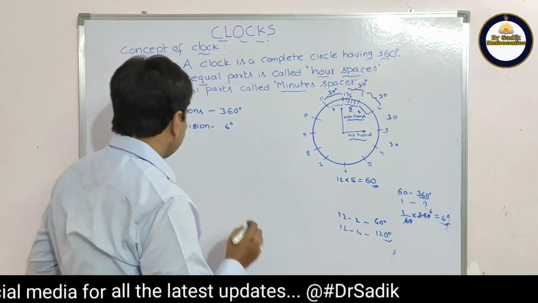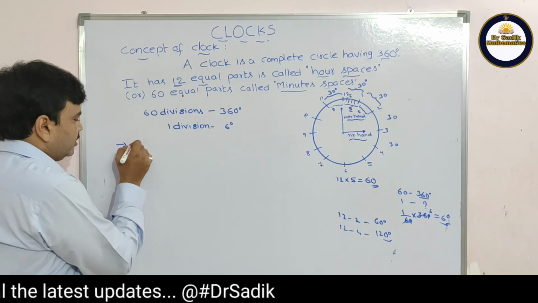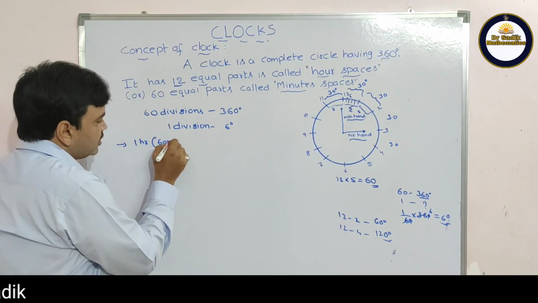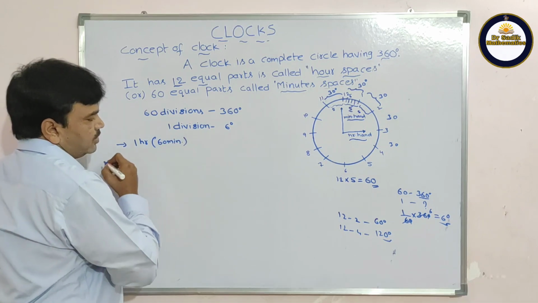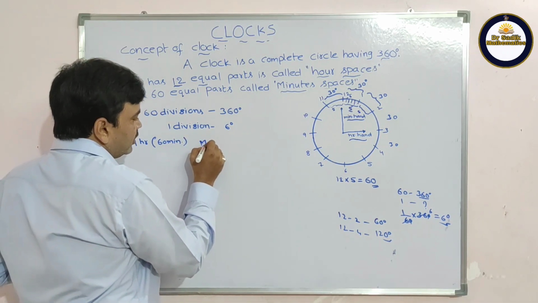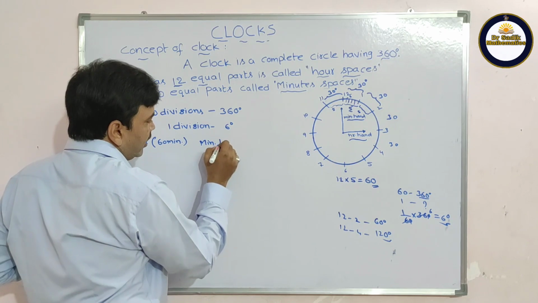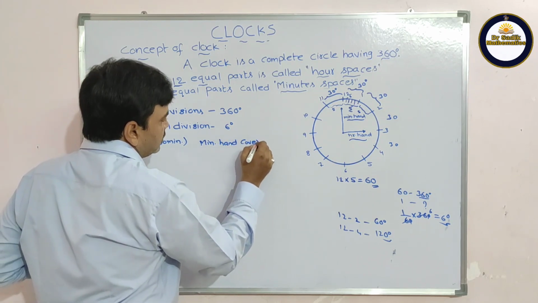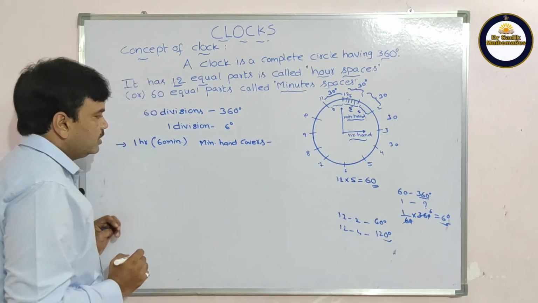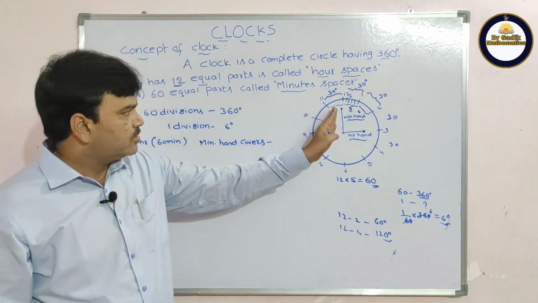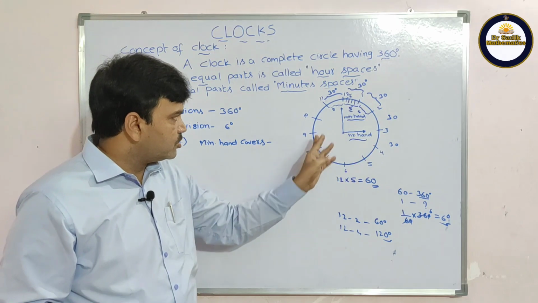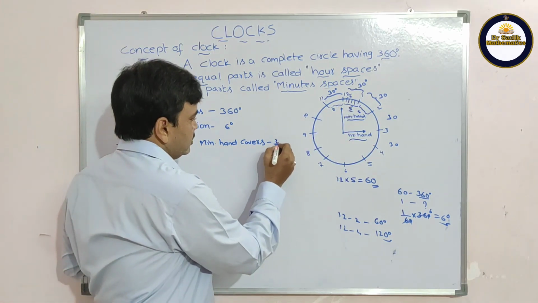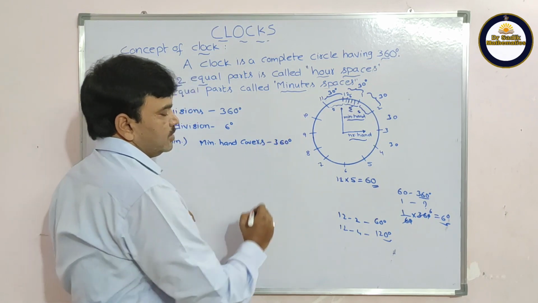In 1 hour, which means 60 minutes, the minute hand starts from 12 and reaches 12 again, so it covers 360 degrees.